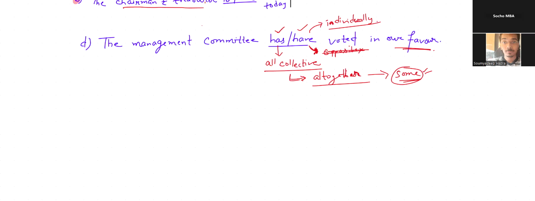Okay. एक चीज इसमें प्रोनाउंस भी यूज होगा, so we would go through the pronouns, right?